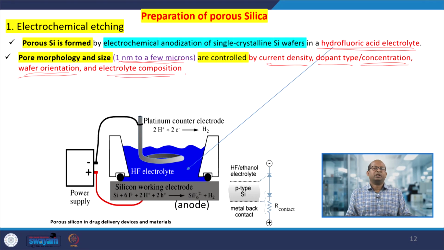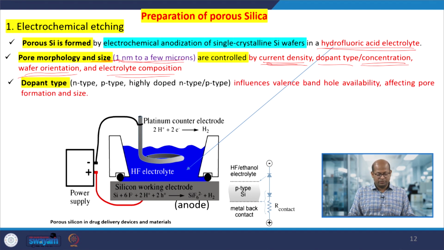Depending upon that, the pores form inside the silicon wafer, and the size of the pores may vary, and we can control it by controlling the current density, dopant types, dopant concentrations, wafer orientations, and electrolyte compositions.